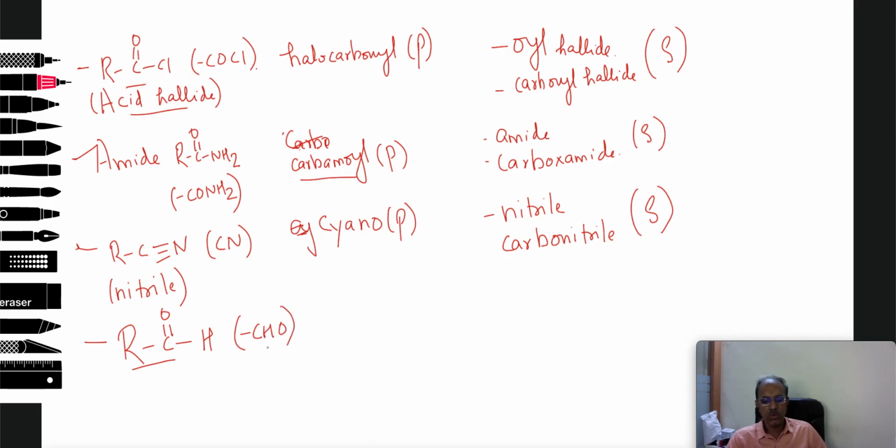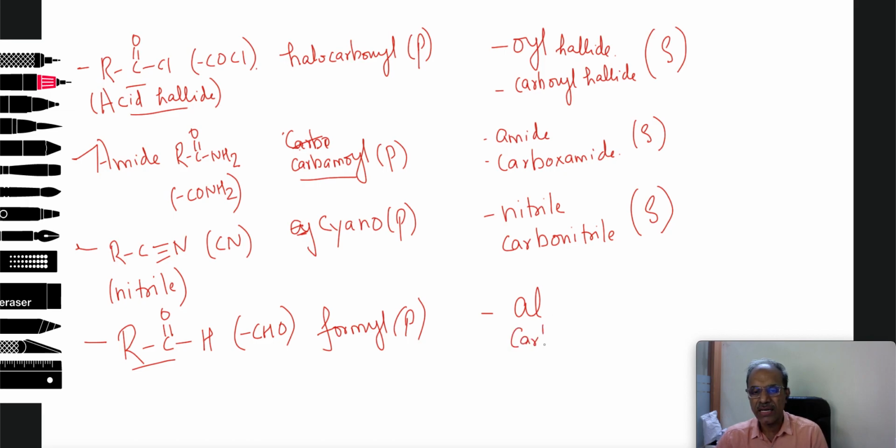Now, the prefix is formyl, and the suffix happens to be al, or carbaldehyde.